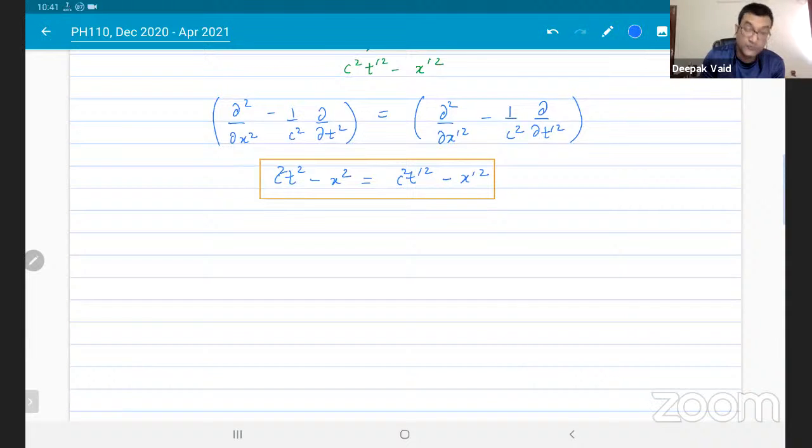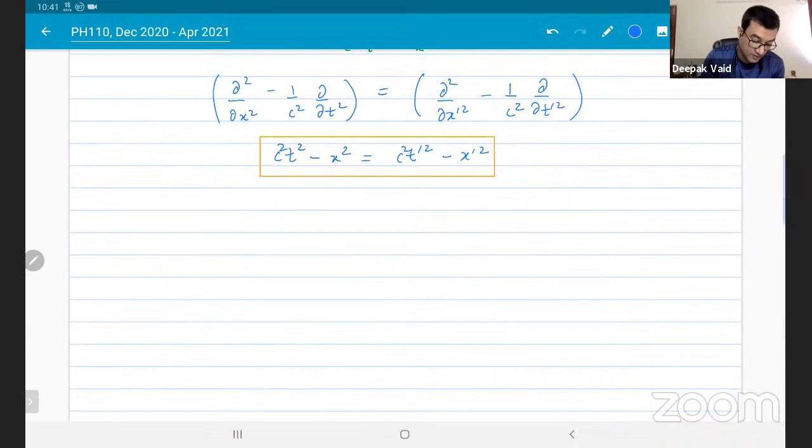Now, what should be the form of x and t such that this equation is satisfied? To understand that, let's look at another equation, where we have x squared plus y squared and x prime squared plus y prime squared.